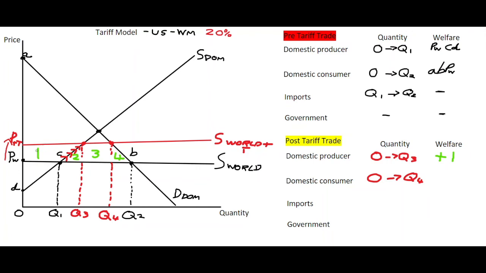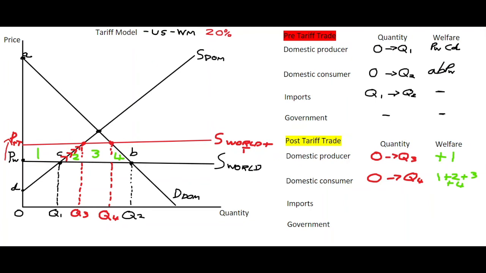So every US consumer is paying more in terms of price, which represents a loss of welfare. And the loss of welfare is area 1, 2, 3, and 4. So area 1 plus area 2 plus area 3 plus area 4 is lost in terms of US consumer welfare because they're paying higher prices.